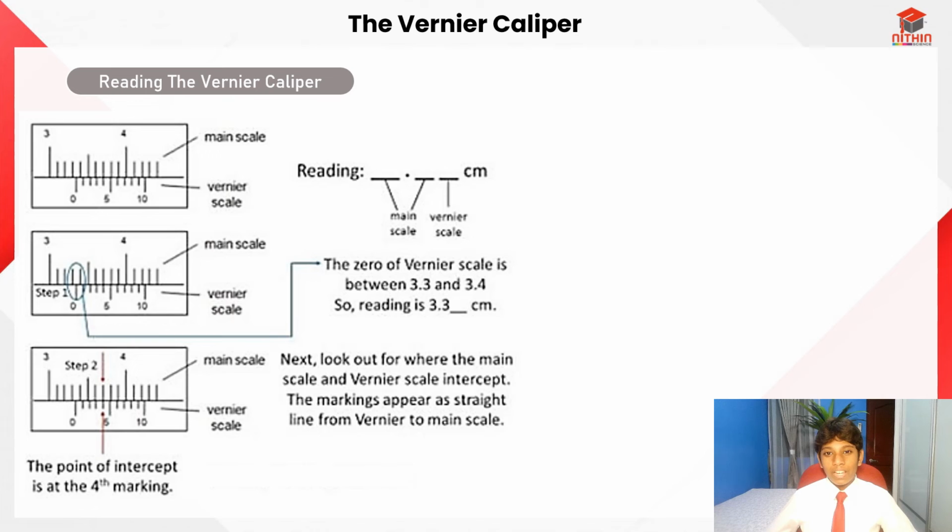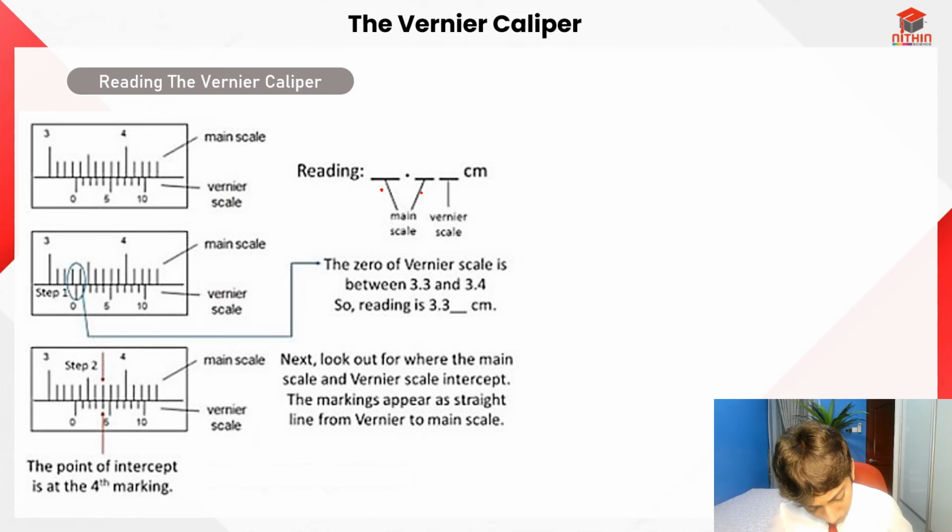Reading the vernier caliper is actually really simple. Let me tell you in two simple steps. The vernier caliper is in two decimal places, right? So the first decimal place and the whole number come from the main scale, and the second decimal place is from the vernier scale.